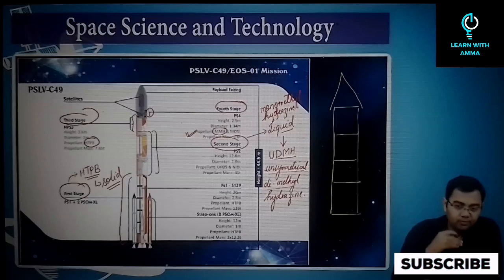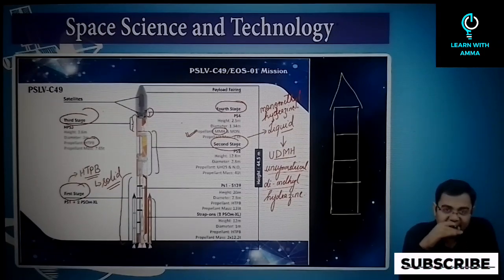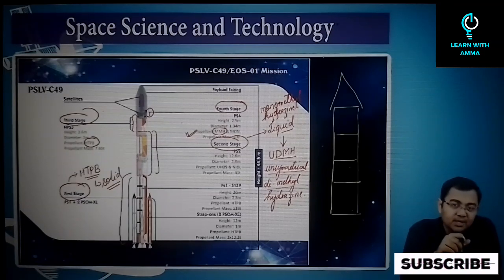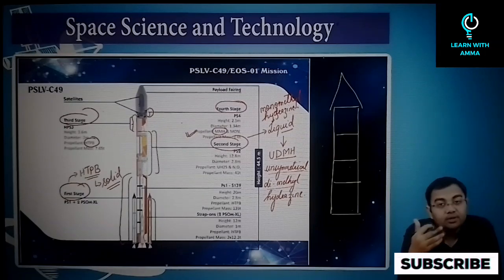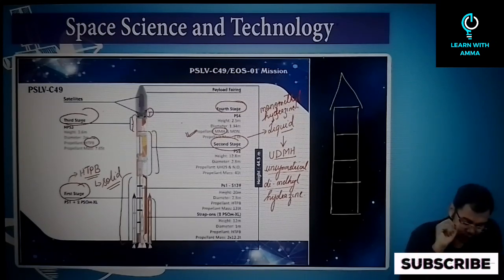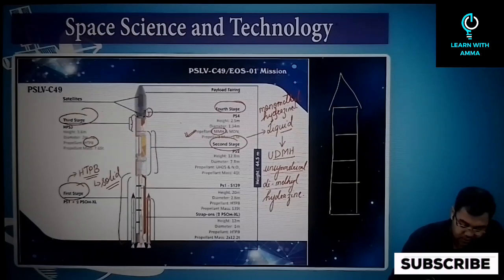Also, once you start to go to the second, third and fourth stages, the amount of propellant that is required also decreases. So for example, the first stage needs the largest amount of fuel as compared to the second, third or fourth stage. So these are the four stages where solid and liquid fuels are stored. Then after that you also have something called strap-ons or strap-on motors.